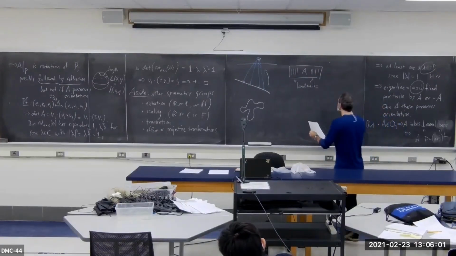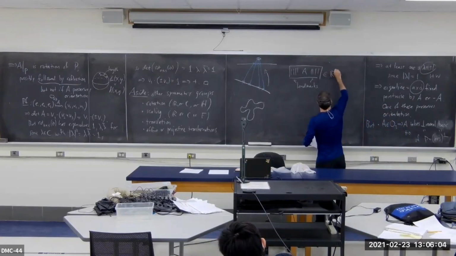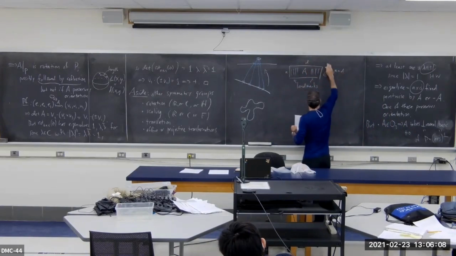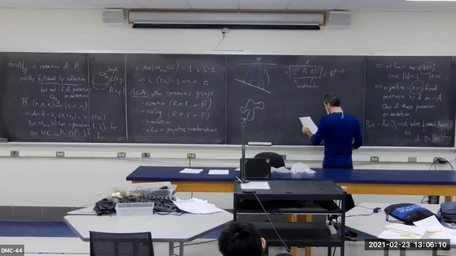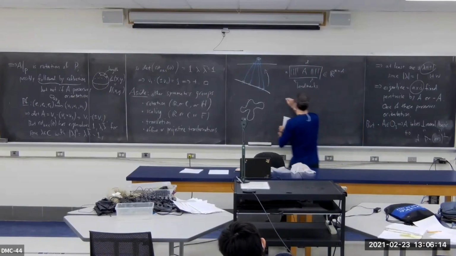So I say that this is going to be in R^(N by D). So that's N, that's D. So I have D points, and what does D stand for? D stands for data, right? So I'm going to say that A is going to be equivalent to A prime.